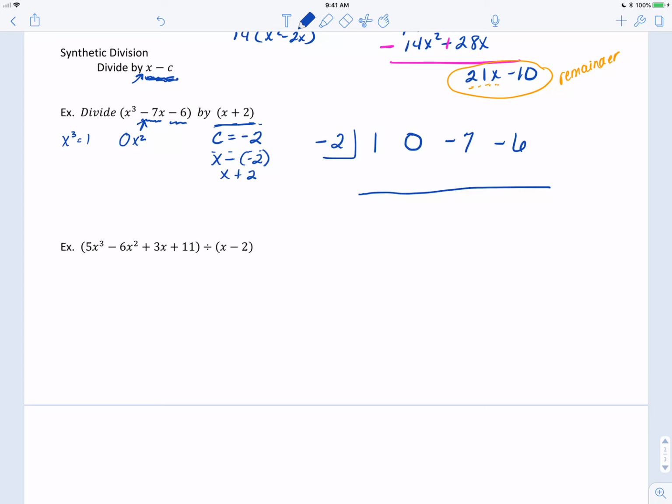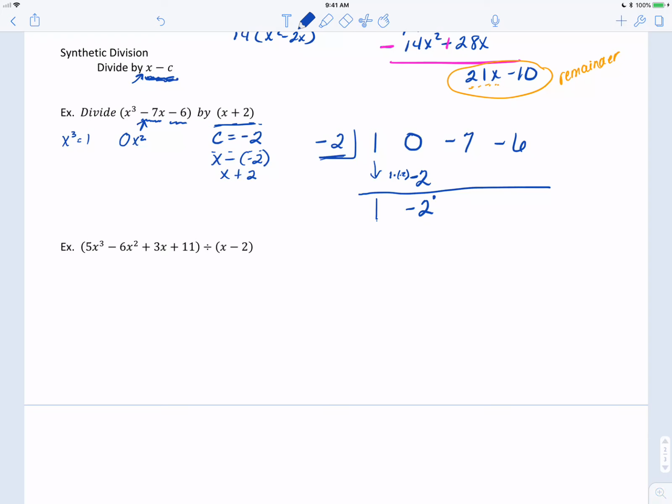So first thing you do on synthetic division is bring down the first number. So it's 1. Then you multiply this 1 times whatever you're dividing by. So this is 1 times that negative 2. Well, that's negative 2. Then you add. So 0 plus that negative 2 is negative 2.